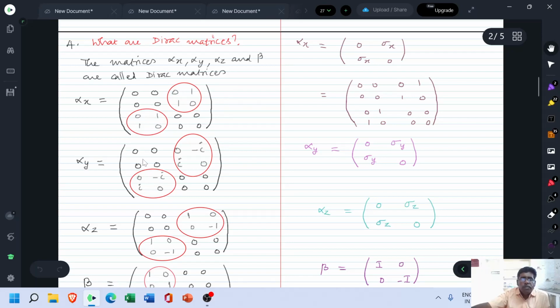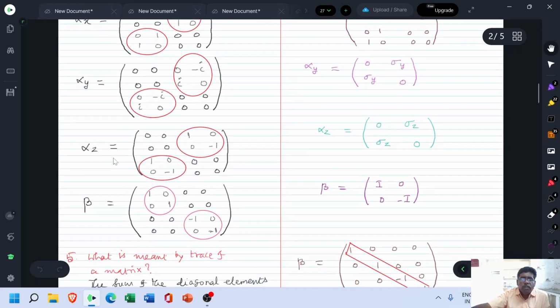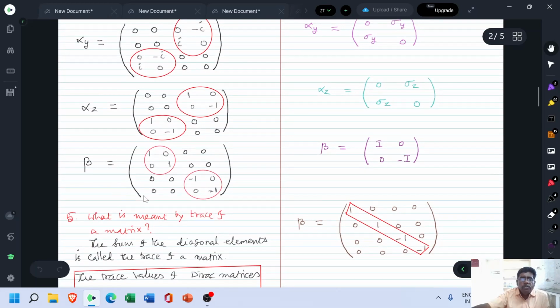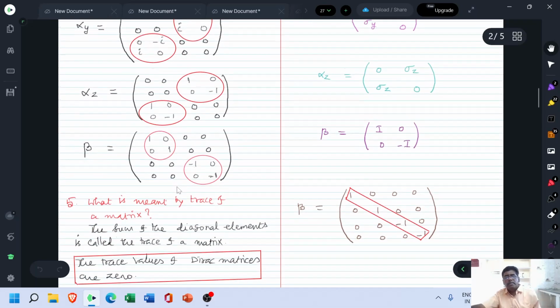This is our alpha y: 0, sigma y, sigma y, 0. So that we may expand 2 by 2 into 4 by 4. This is the value of alpha z. Alpha z is expressed in terms of 0, sigma z, sigma z, 0. Then beta is I, 0, 0, minus I. These are all called Dirac matrices.